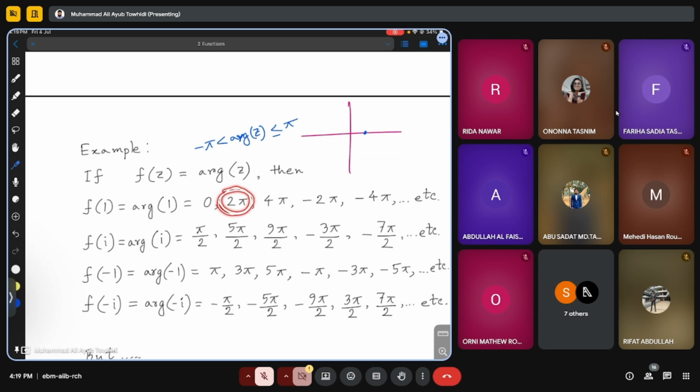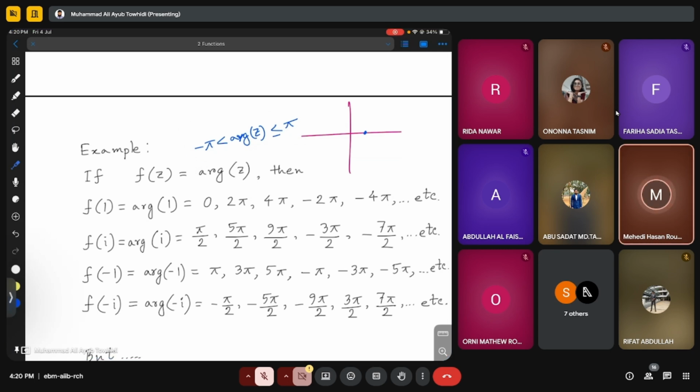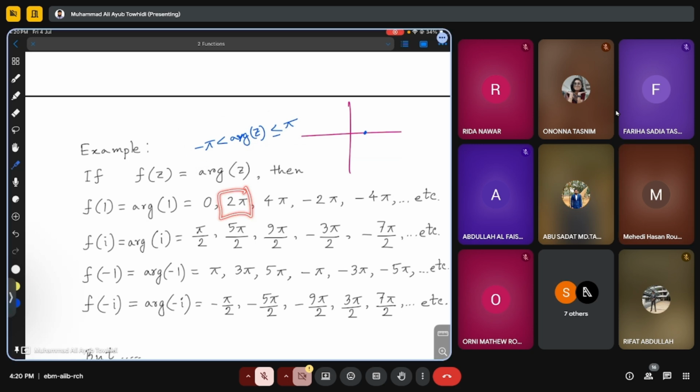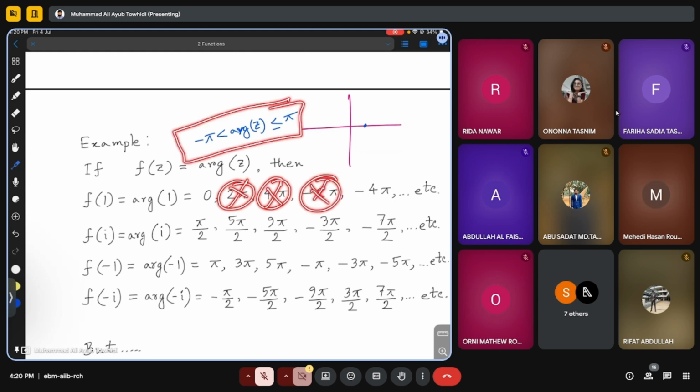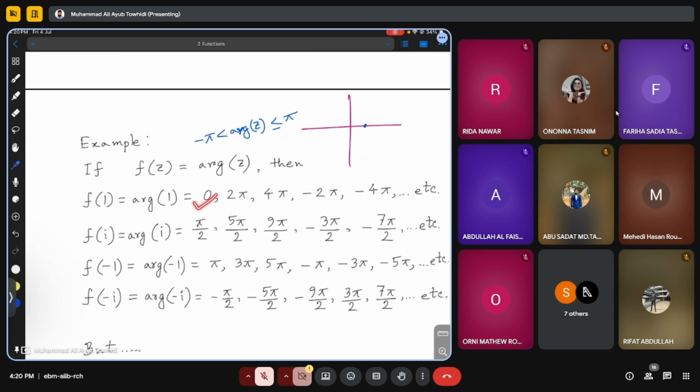So 2 pi, in general, yes, it is an argument of 1. But when I say this range, does 2 pi fall within this range? No, it doesn't. So 2 pi cannot be taken. Similarly, 4 pi cannot be taken. Minus 2 pi cannot be taken. When I say between minus pi and pi, it has to be only 0, and no other value.